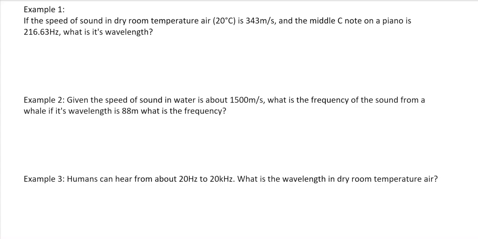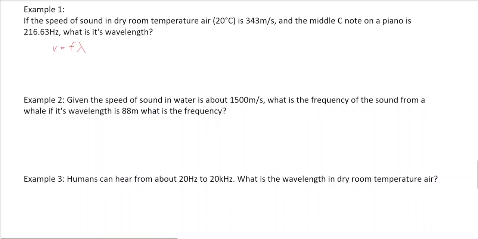Okay, so if the speed of sound in a dry room at room temperature is 343 meters per second, then for the middle C note on a piano, which is that many hertz, what is the wavelength? Well, velocity equals frequency times wavelength.